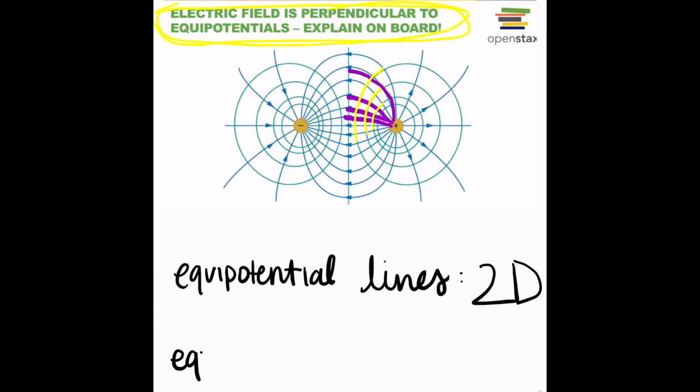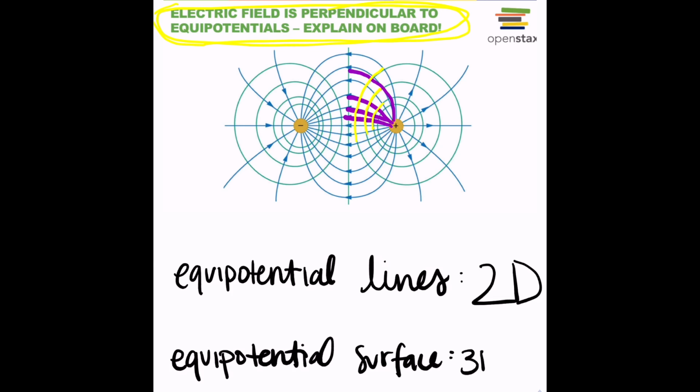If we're talking in a 3D sense, then it becomes an equipotential surface. Both are perpendicular to electric field lines. It's just whether you're talking about 2 dimensions or 3 dimensions that determines whether you say equipotential lines or surface.